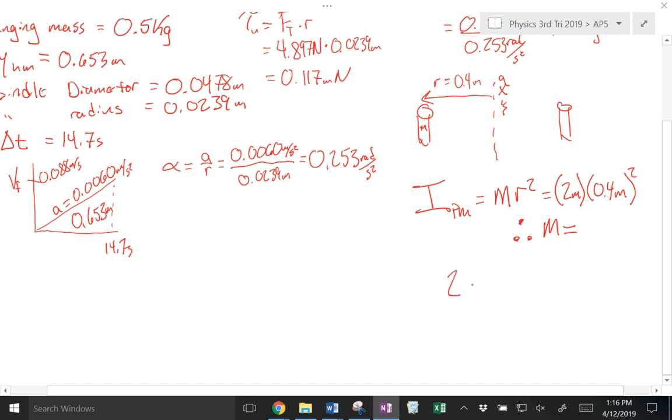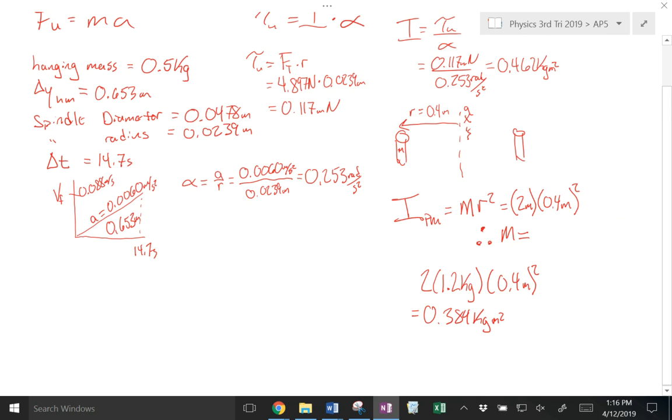If we take 2 times 1.2 kg times 0.4 meters squared, we get how much of the moment of inertia is due to the point masses. I get 0.384 kilogram meters squared. That's the moment of inertia due to the point masses.